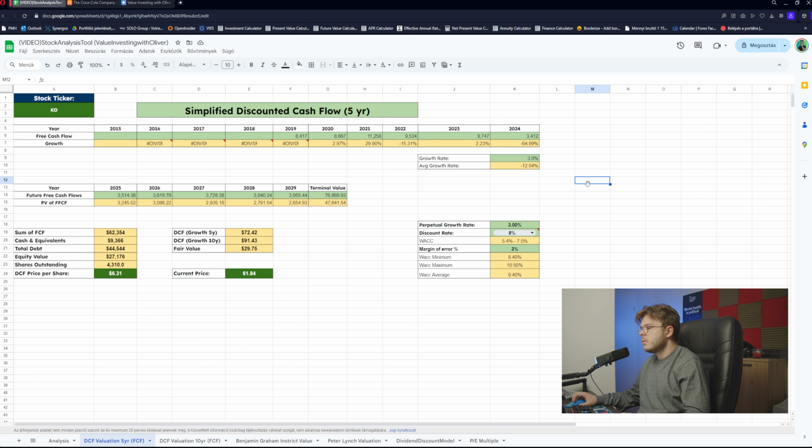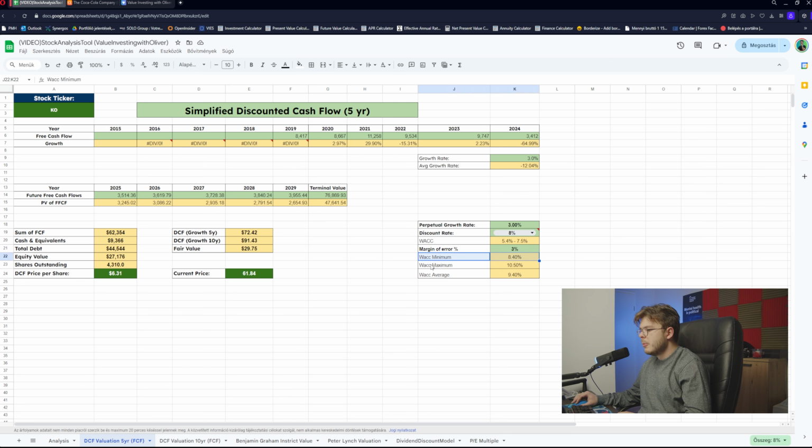Usually, where you are not really able to tell, I would suggest putting in the average GDP growth for that country and hoping that the company is able to perform at that. So we're going to project it for 5 years and then discount it back to the present value with a discount rate. This is the weighted average cost of capital.